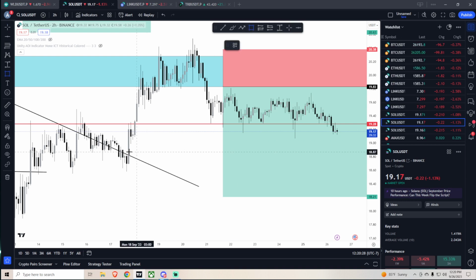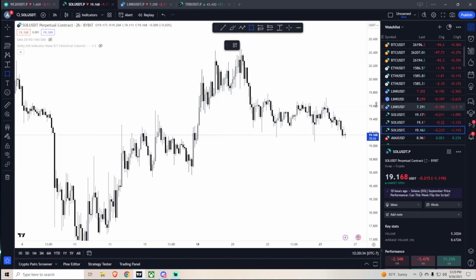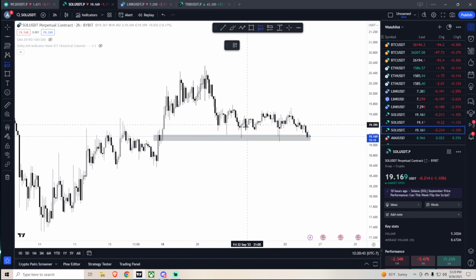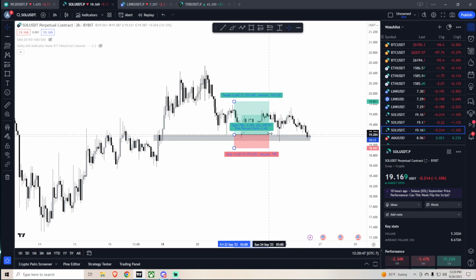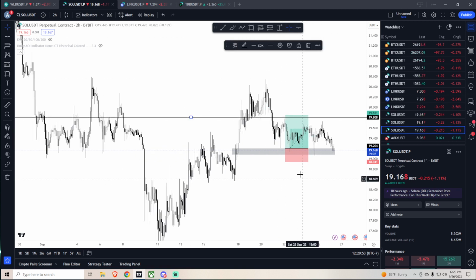So let's say this is a perp chart, one sec. Okay, so let's say this was your setup. Stop loss below here, right? You filled. You have resistance here.